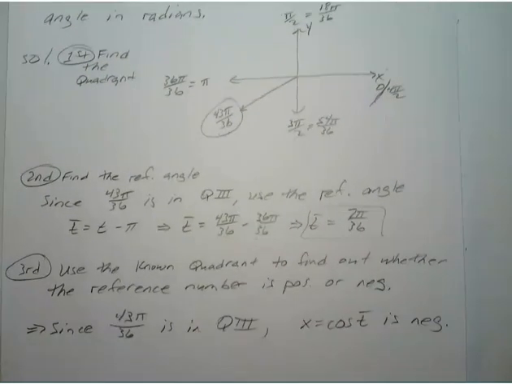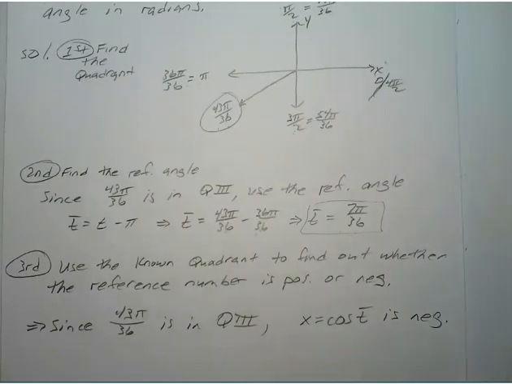So all in all, what that tells us is that cosine of 43 pi over 36 is going to equal negative cosine of our reference number, which is 7 pi over 6.